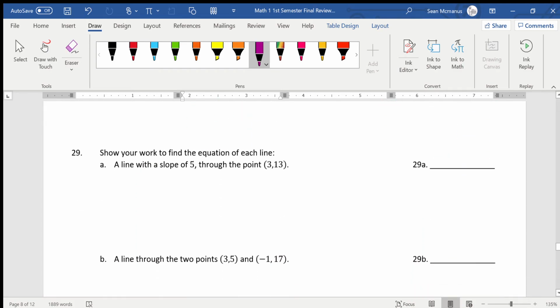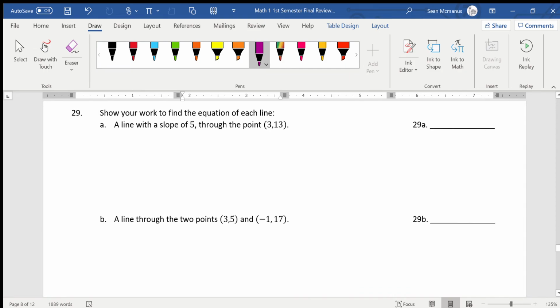All right, 28, 29. Show your work to find an equation for each line. So a line with a slope of 5 that goes through the point 3, 13. So here we have to solve for the b, right? So we know y equals mx plus b.